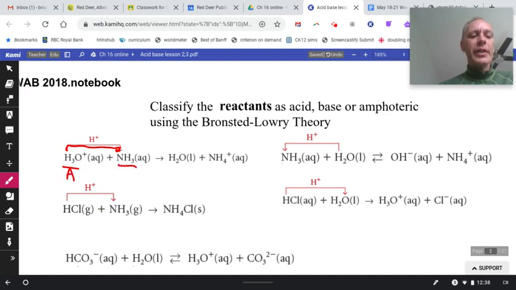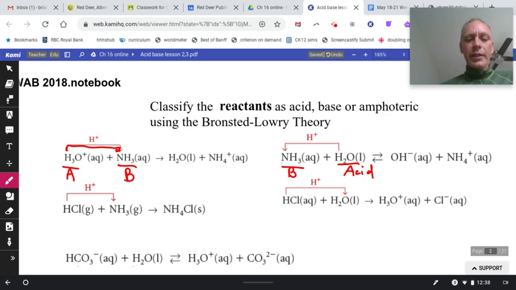And NH3 is accepting the proton, which makes it a Bronsted-Lowry base. Looking at this one, NH3 again is accepting the proton, so it's a Bronsted-Lowry base. And water is donating, so water in this example is a Bronsted-Lowry acid. That's interesting, that water can be an acid.